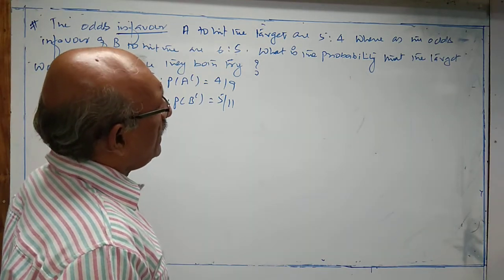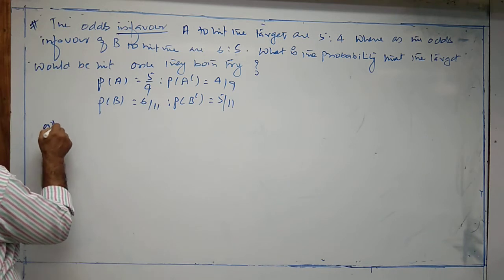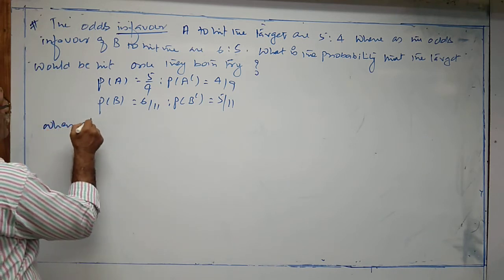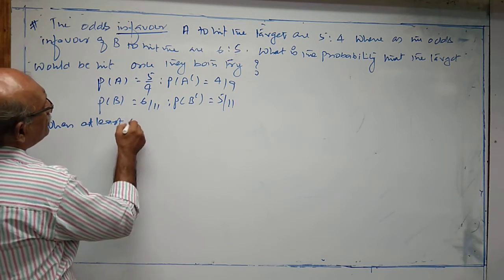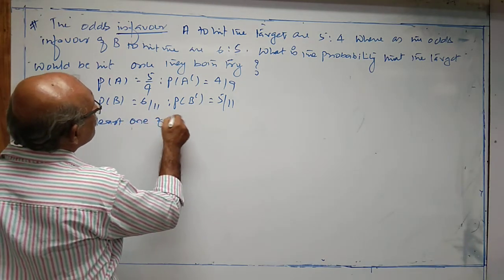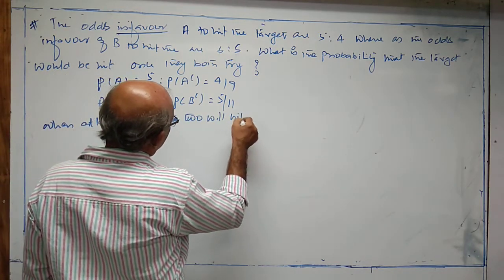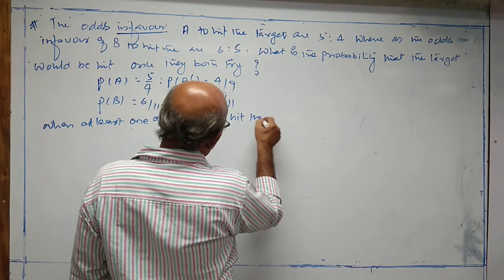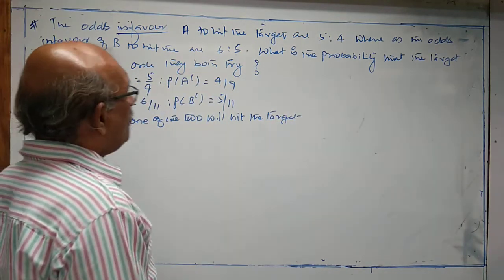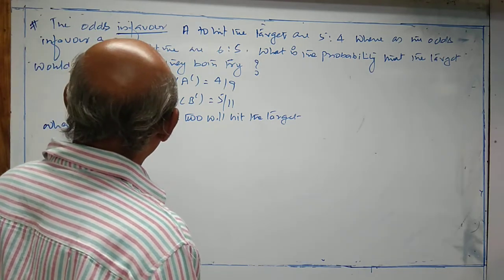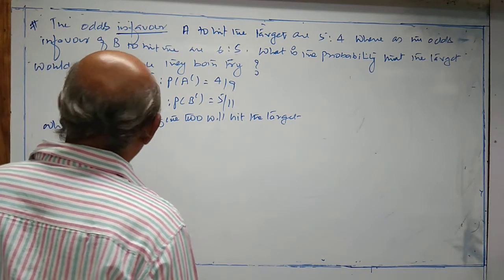What is the probability that the target is being hit? It means if at least one of the two will hit the target.